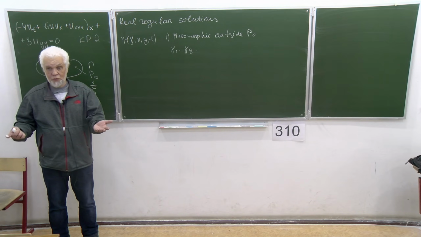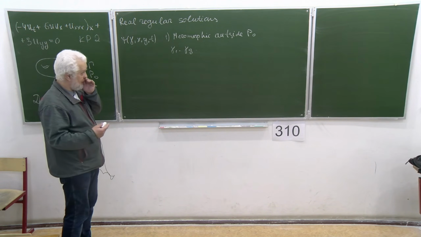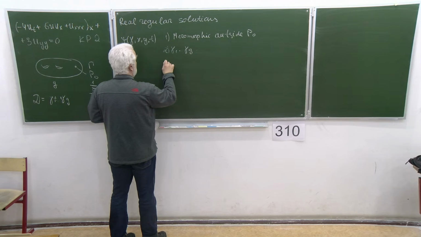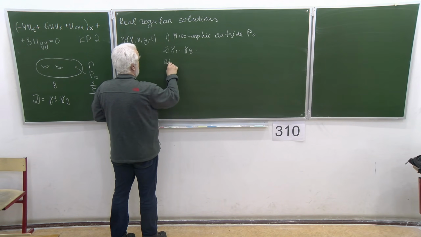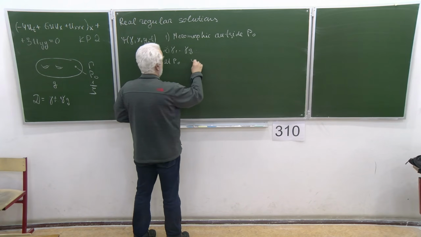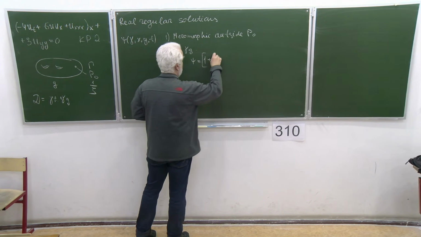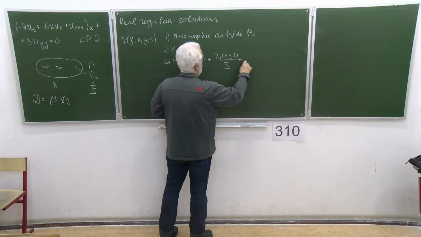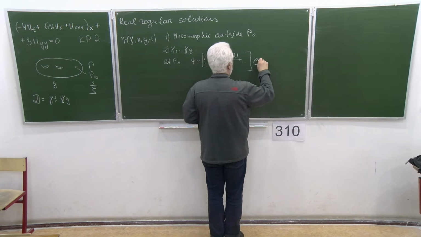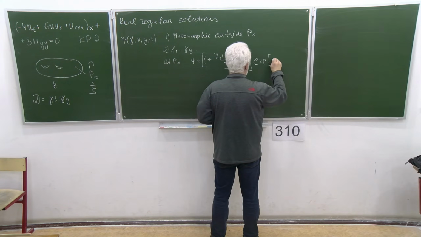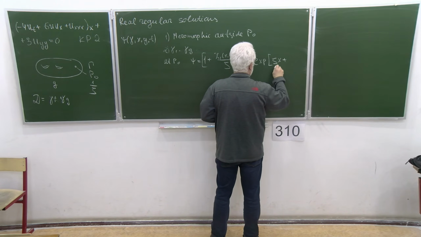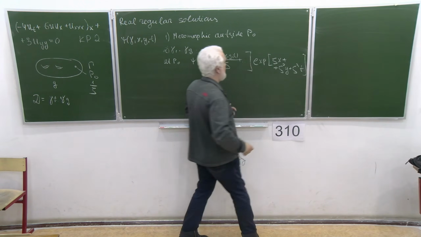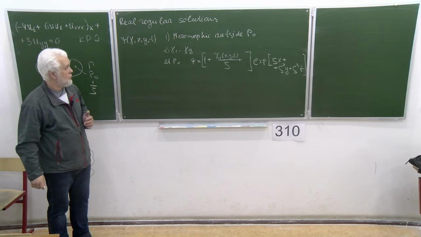With these poles you have the corresponding line bundle. And the third property is at P0, it has an exponential essential singularity. Such a function is the Baker-Akhiezer function.